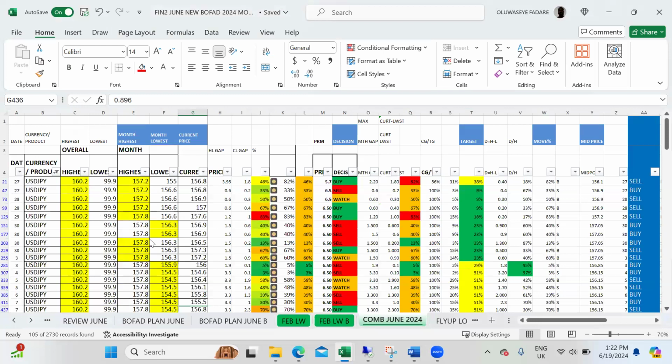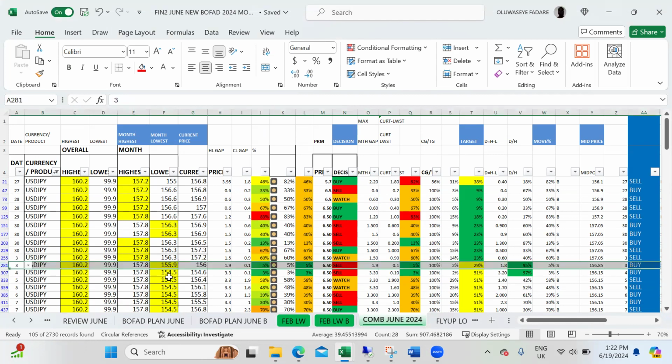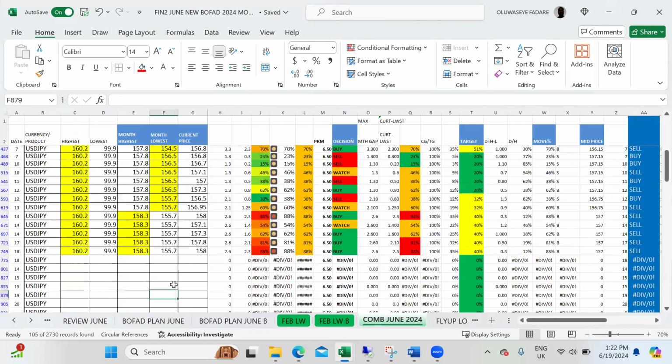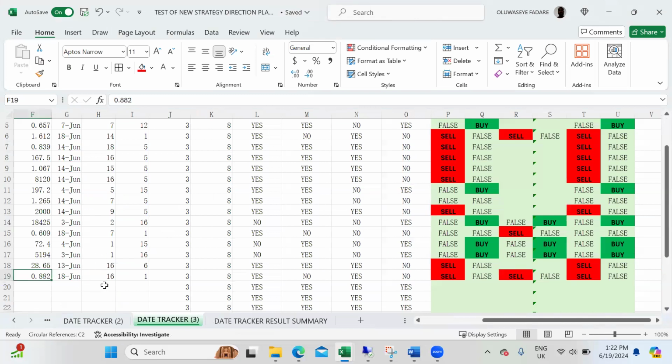So remember, we are using the trade of this from the 31st of the month. So this is where the month started. So our lowest is 154.5, and it was achieved on the 4th, 154.5, achieved on the 4th.